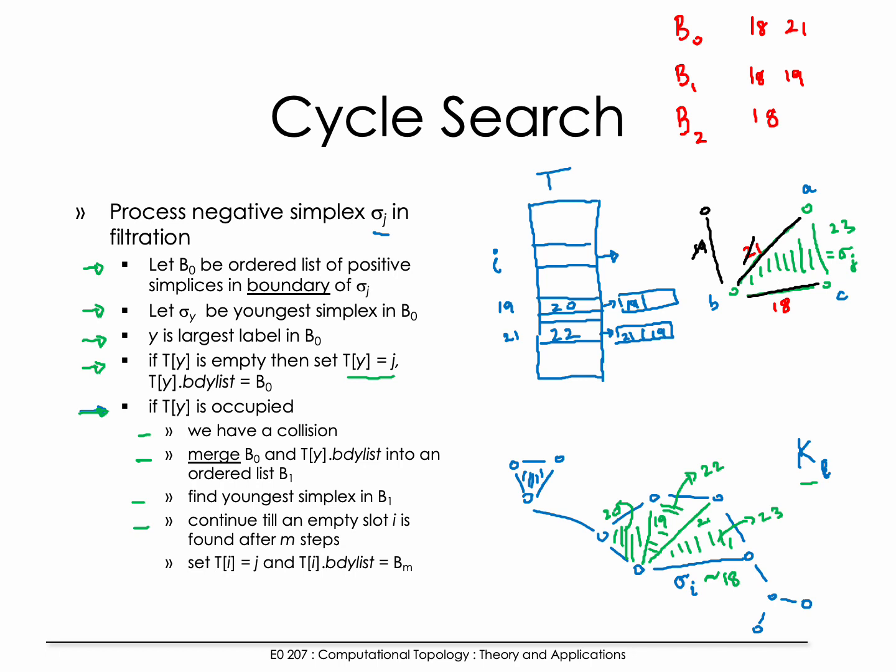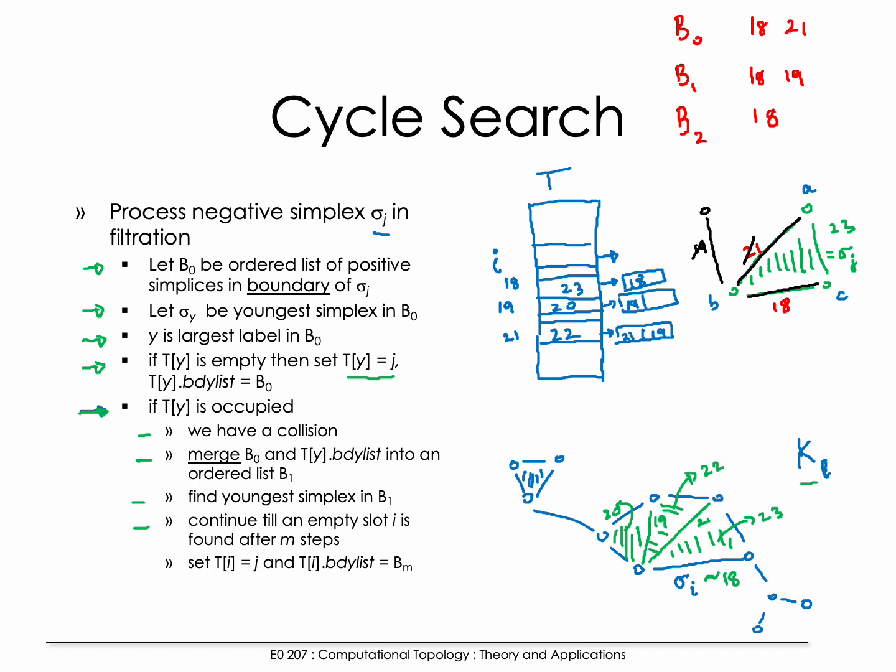Okay, so now we go into the 18th entry, and of course the 18th entry is empty, and we have found the pair, and we say that 18's pair is 23, and we store the boundary list here, 18. So this was a simple case where the boundary list consists of only one edge, but in many cases the boundary list can have multiple edges, right? So that is the algorithm.